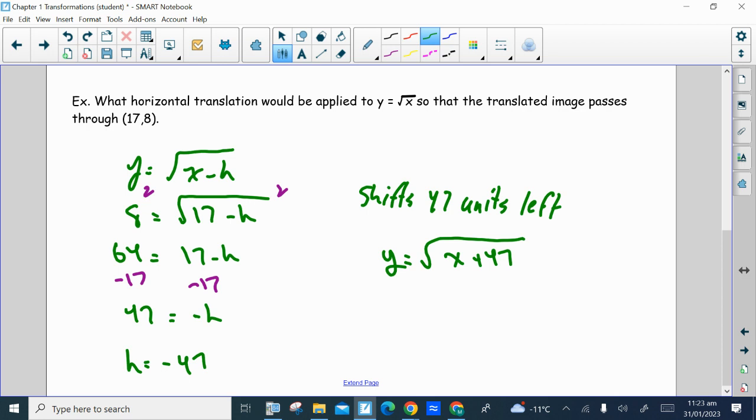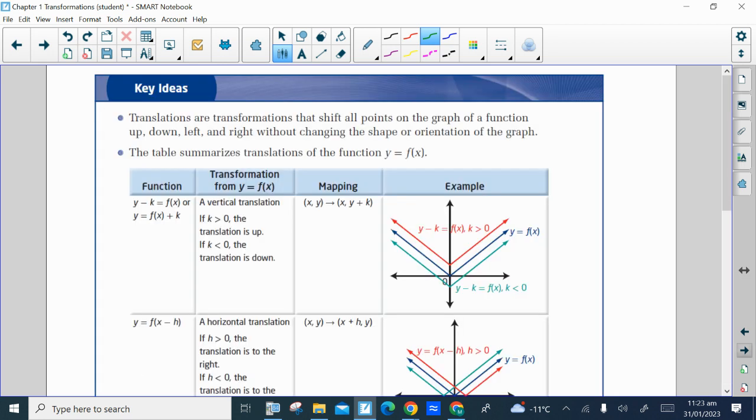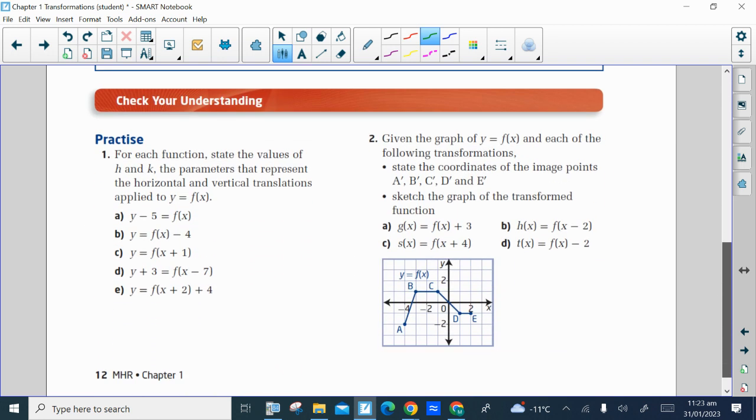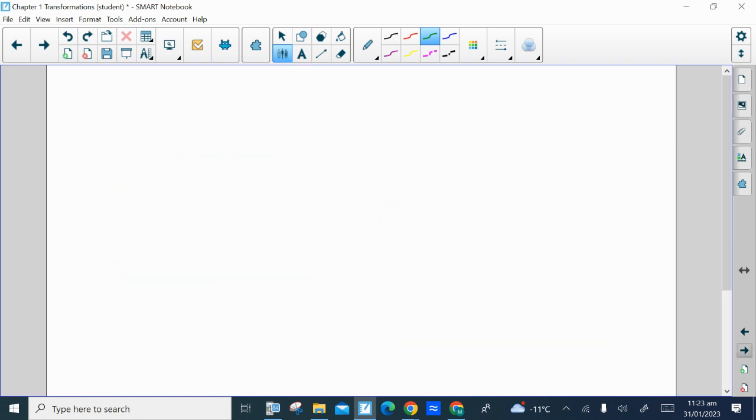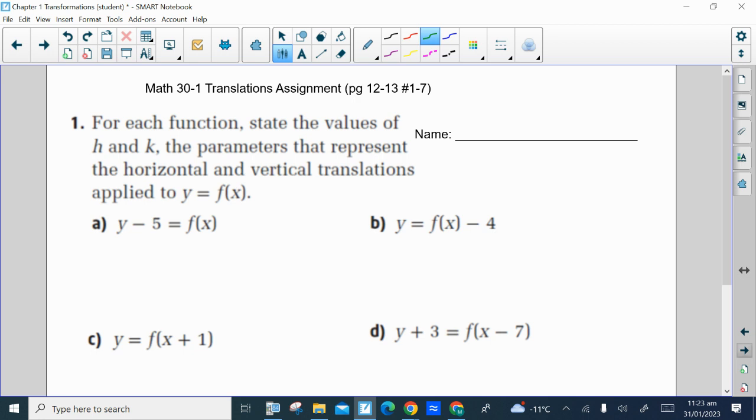Okay. On the next page, there's a summary of what we've learned, the key ideas. And then on the following, skip a page, then there's an assignment there for you to work on. It is out of the textbook, but I put it in here in your package. I will post these solutions to Google Classroom. So as soon as I'm done here, I'll add you all to Google Classroom.